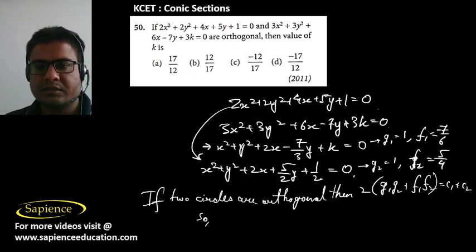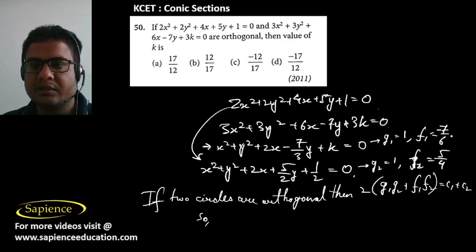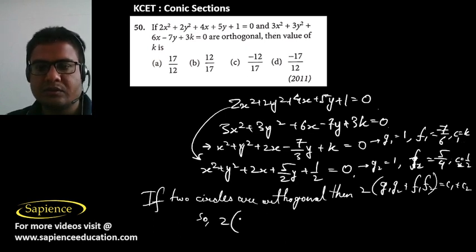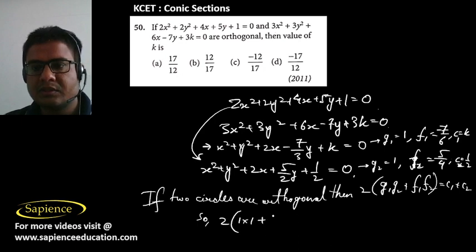Here c1 is equal to k and c2 equal to half. So therefore we should have 2 into g1 g2, 1 into 1 plus f1 f2, so it is minus 7 by 6 into 5 by 4. So that should be equal to c1 plus c2, k plus half.